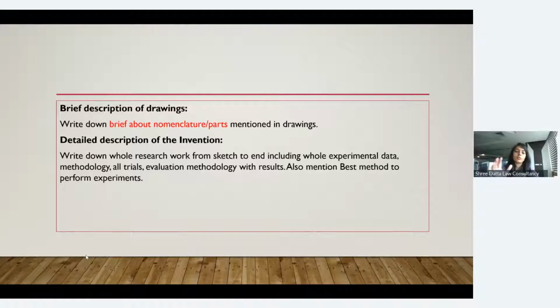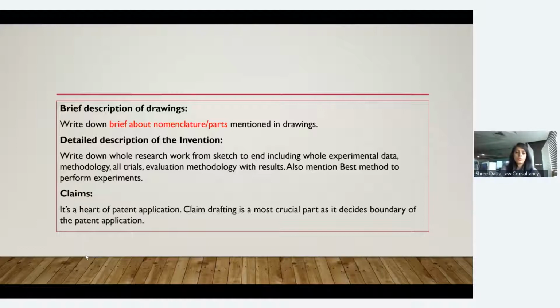The things they have provided, you will utilize in the different sections or segments of form 2. Then the claims. It's the heart of the patent application. As I have told, claim drafting is the most crucial part, which decides the boundaries of the patent application. Infringement cases are decided based on these claims only.